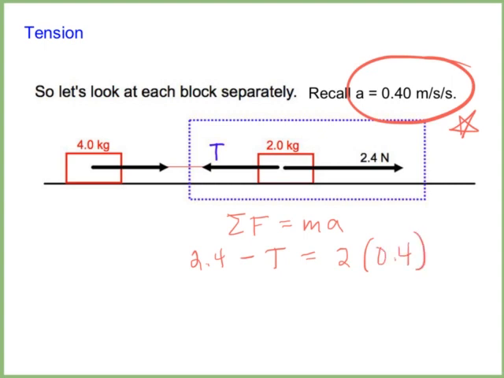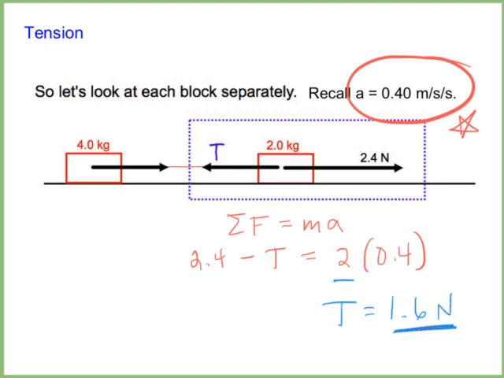I've zoomed in on just a part of the system, and so I can only use that mass in my setup. As I work my way through here, then we get 2.4 minus T is equal to 0.8, and so our tension force ends up being 1.6.